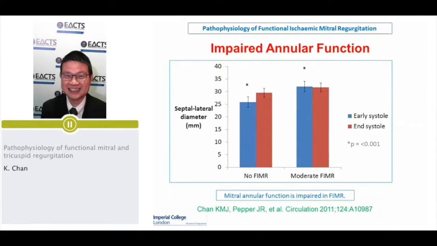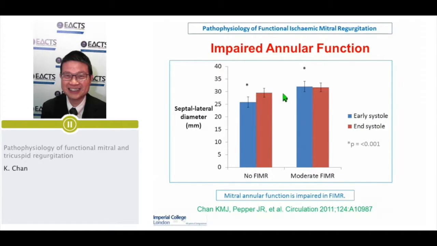Now, this pre-systolic contraction of the mitral annulus appears to be impaired in patients with ischemic mitral regurgitation, as you can see here in this column. The blue charts represent early systole and the red late systole, and there's virtually no difference in the diameters in patients with functional mitral regurgitation, compared to patients without, in which you can see a distinct change in the diameters.